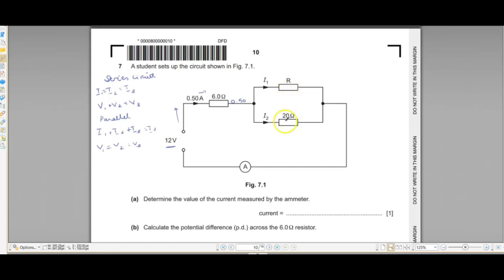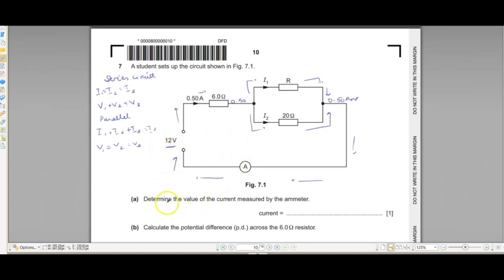If both of these resistors were of equal resistance, then this current would equally divide among these two resistors. So some value of current is going to go through these resistors, and when that current comes to this junction, it's going to be 0.50 amperes again. And then it goes down and over here passes through this ammeter and reaches the other terminal of the battery.